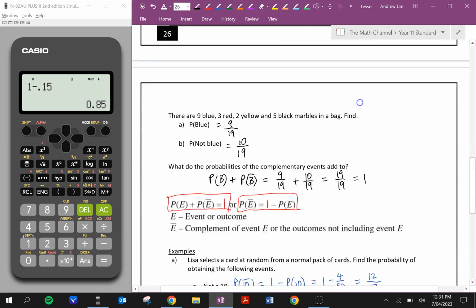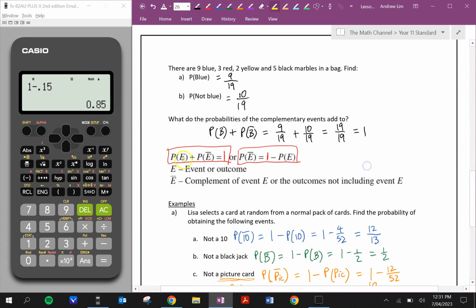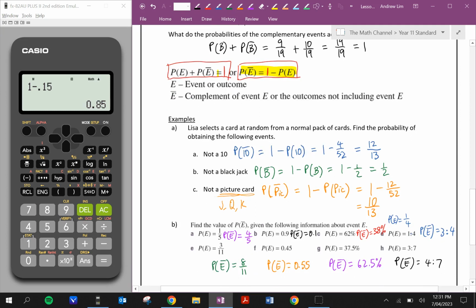And we use the fact that the probability of an event plus the probability of its complement will always add to 1. Or the one that I used throughout this lesson: the probability of the complement is equal to 1 minus the probability of the event. And we can see that throughout here. 1 minus, 1 minus, 1 minus.